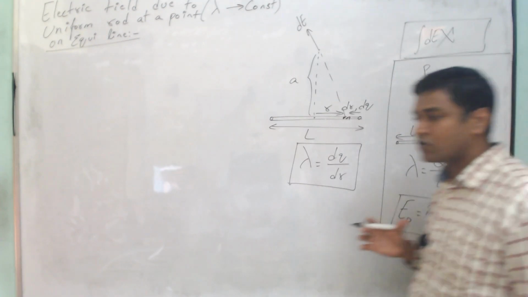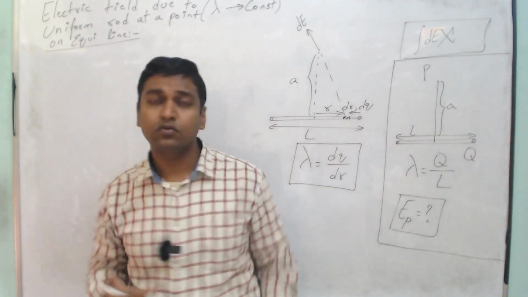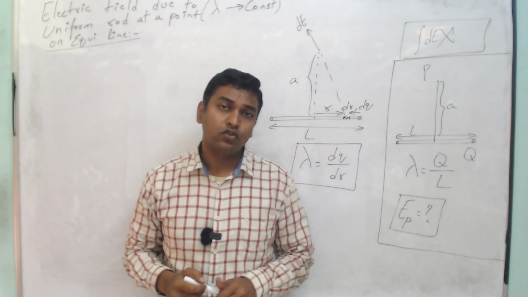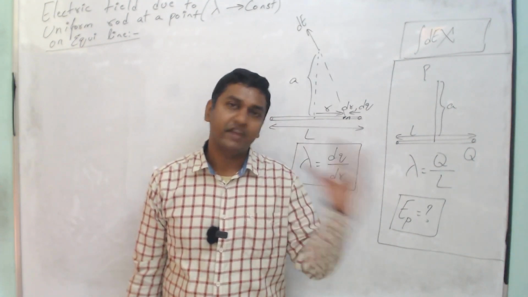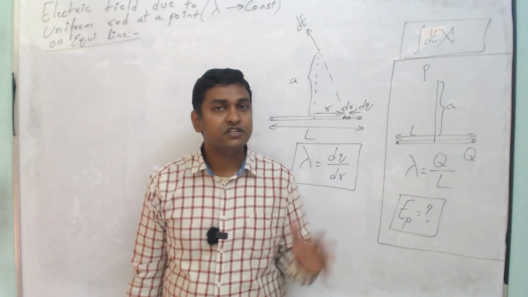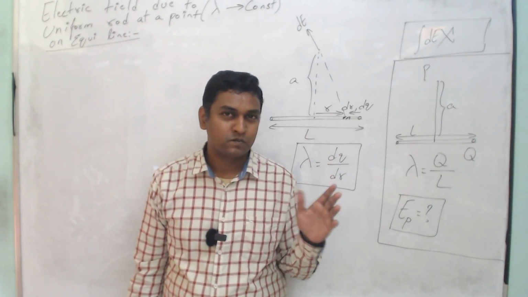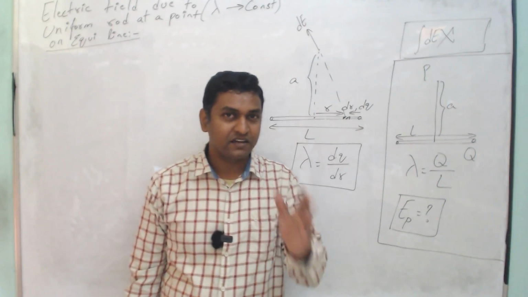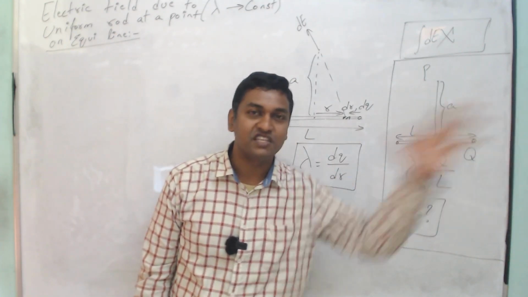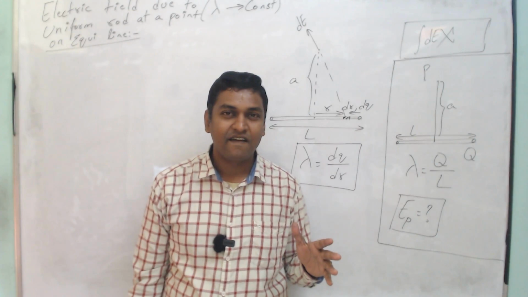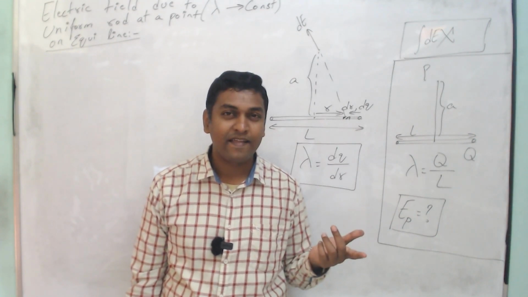Why it is a wrong thing? I'll tell you right now. The statement is you cannot integrate a vector whose direction is changing. You cannot integrate a vector whose direction is changing. Yes, sir. Why?